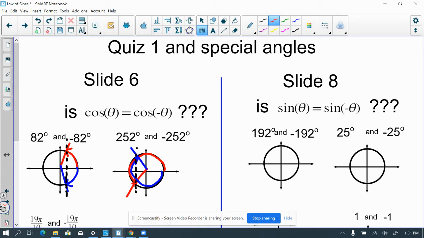Ooh, I don't know. Let's see. 192. So here's 180. 192 is about there. And I don't know what the sine is, but it's negative because sine is y. And you're going to go down. Negative 192 is there. Notice they have the same cosine, but I'm talking about sine now.